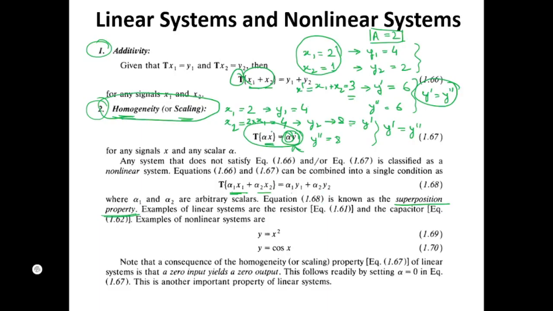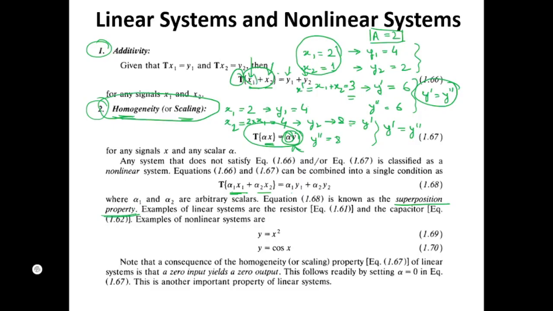These are similar. So what we have done, we have multiplied x1 with alpha 1, x2 with alpha 2, and accordingly we have got alpha 1 y1 plus alpha 2 y2. Okay, because of the scaling property.